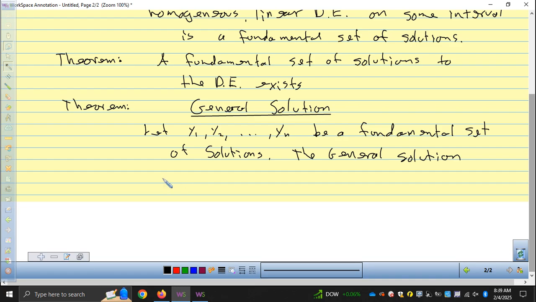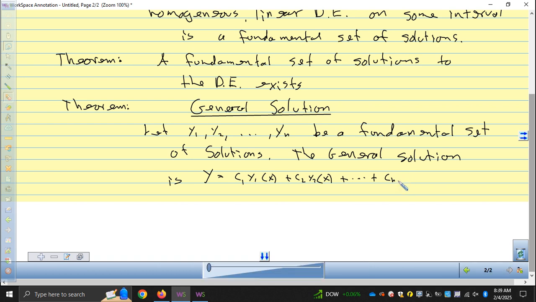The general solution is y equals c1 y1 of x plus c2 y2 of x plus dot dot dot plus c sub n y sub n of x. Some arbitrary constants times each of our members of our set of fundamental solutions.